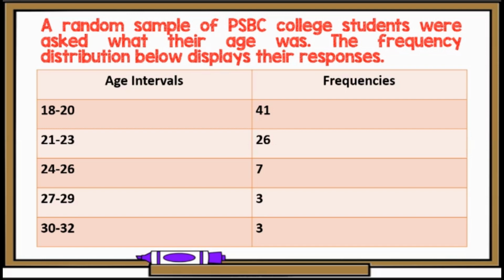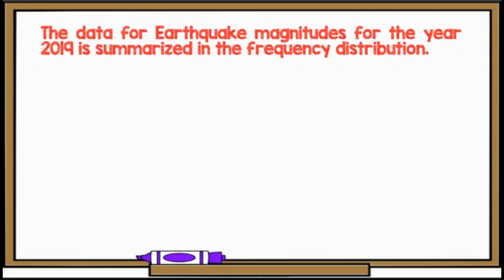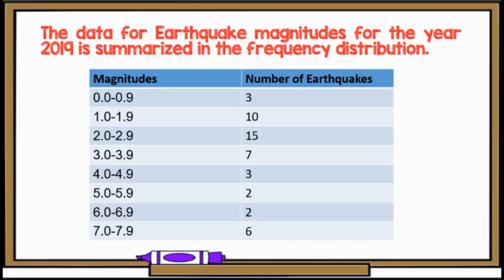So this is another example, hindi na natin siya sasagutan, ipe-present ko lang. So the data for earthquake magnitudes for the year 2019 is summarized in the frequency distribution below. The magnitudes are the following numbers, 0.0 to 0.9. It occurred thrice noong year 2019.